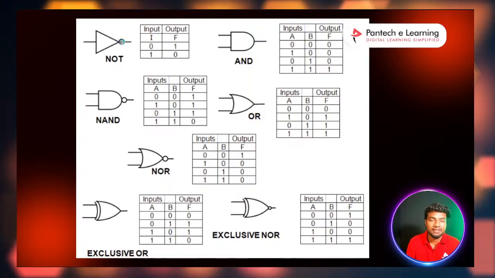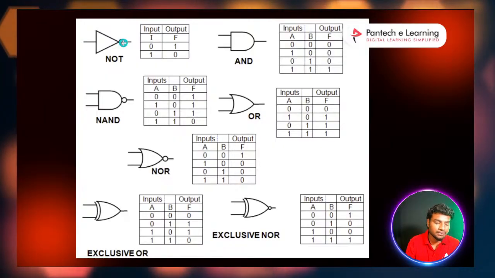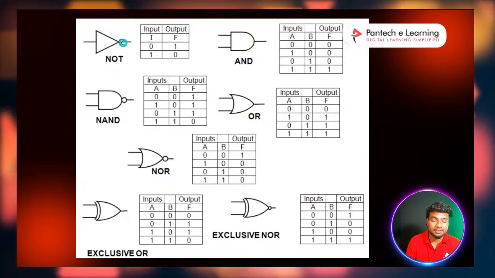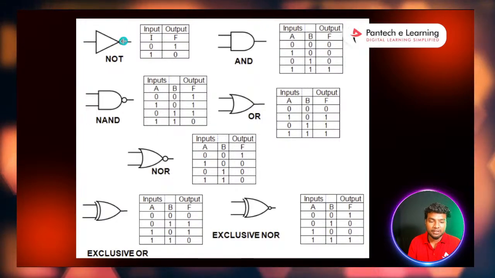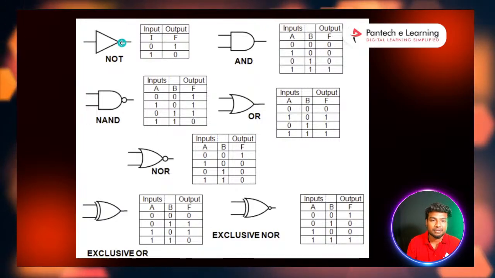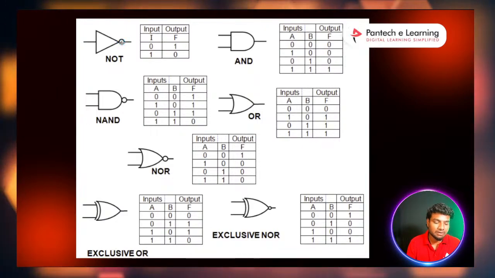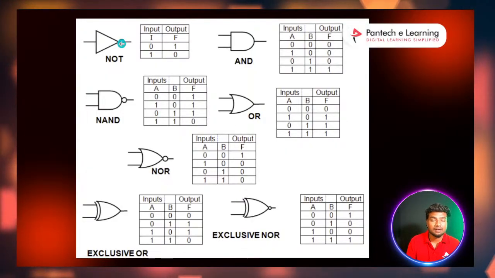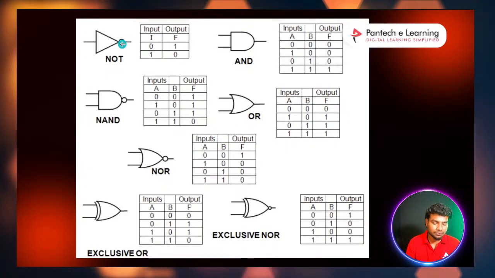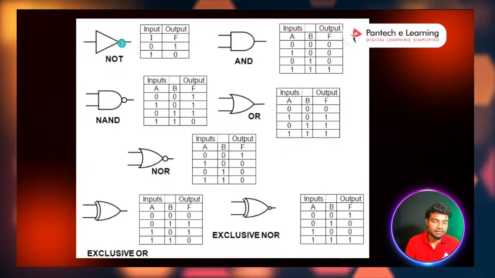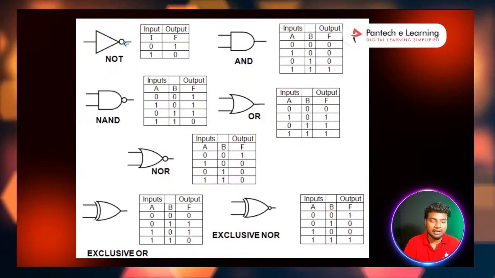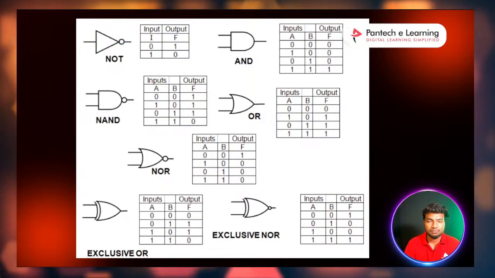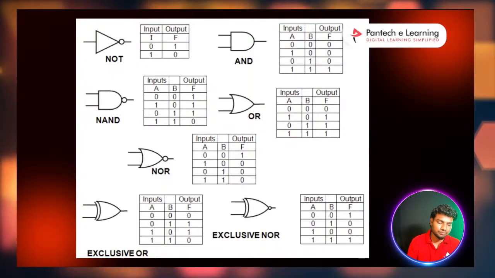Totally we have 8 gates, not 7. Buffer is also one gate. If I remove this bubble, it acts as a buffer. Yes, the buffer gate. The universal gates were mentioned correctly, but the main thing is we have 8 gates.